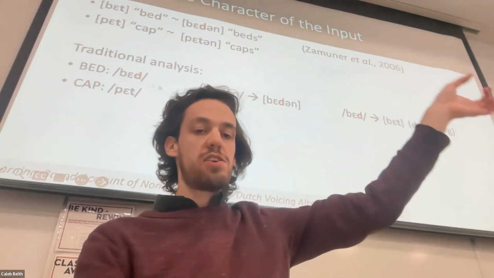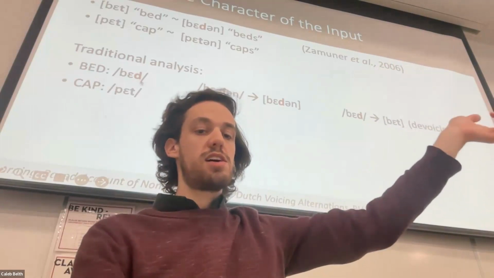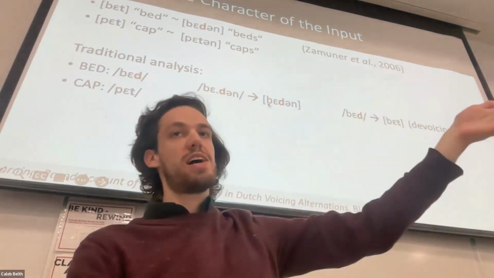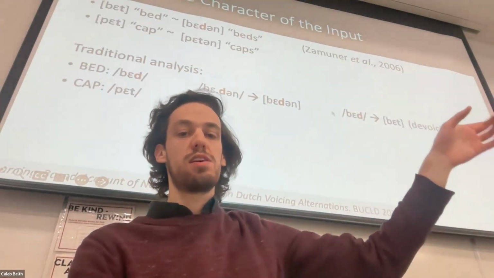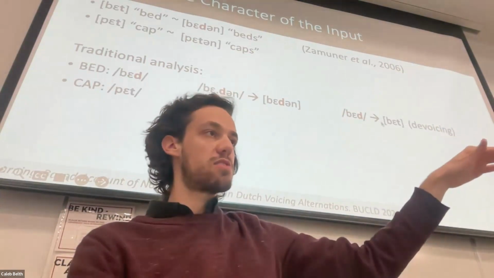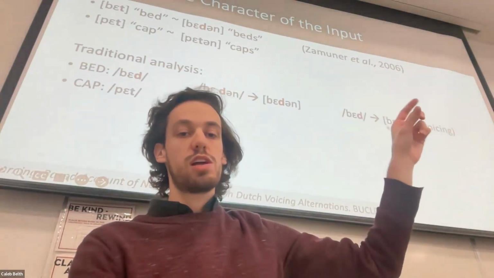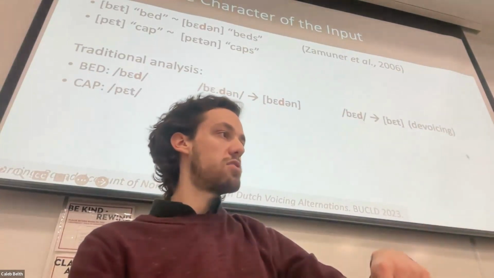But then the analysis would be that the underlying d is realized as a d in the plural because it's resyllabified as an onset, in which case it's phonotactically allowed to be voiced, whereas there is a restriction against final obstruent voicing in Dutch. And so that would predict then you would get devoicing in final position, and that would explain the two different forms.